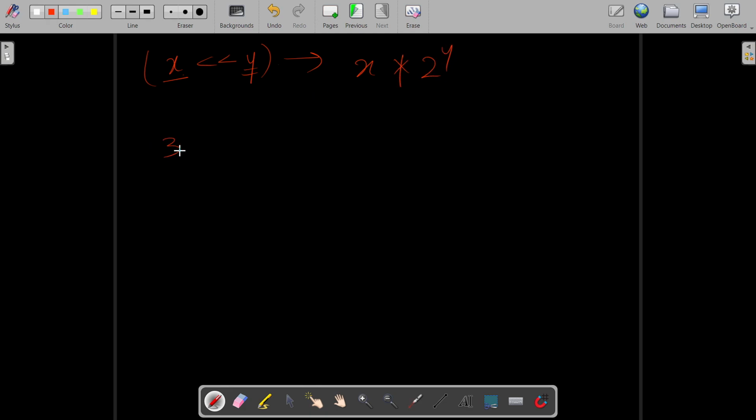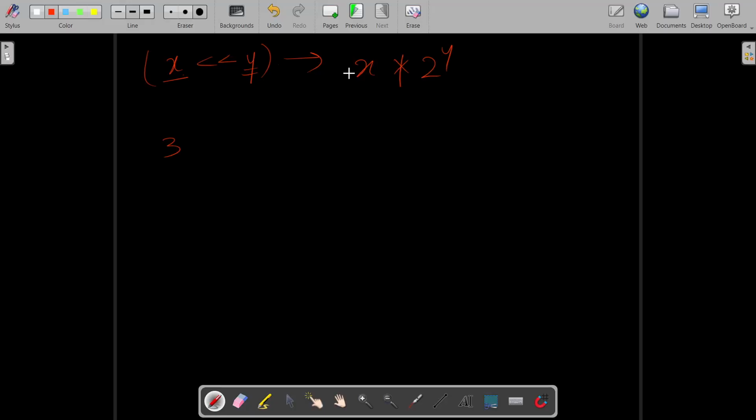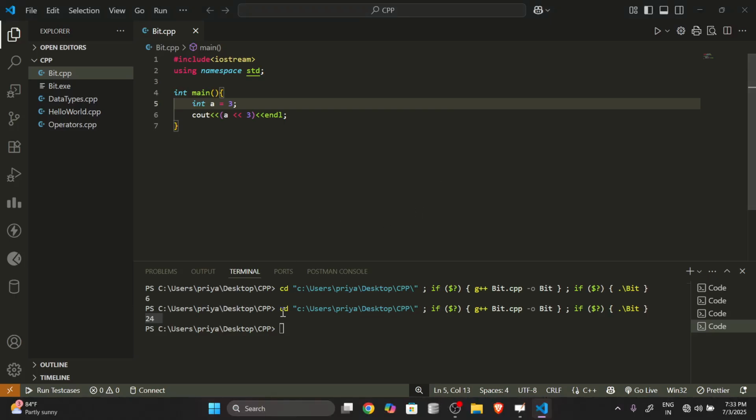According to our example in Visual Studio Code, the value of a is 3 and we tried to left shift it by 3. So we can write this as 3 into 2 raised to power 3. 2 raised to power 3 is 8, and 8 into 3 is 24. So this is how we get the output as 24 here.